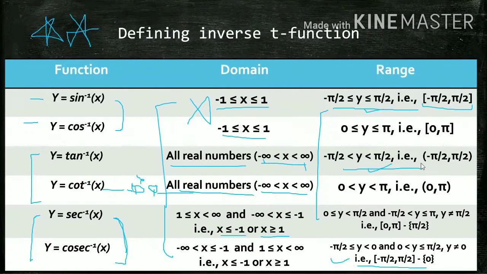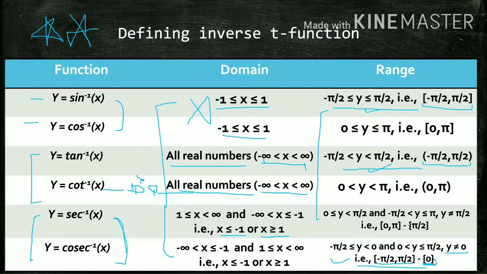In tan also, the range would be the same. Just the difference is you can't include the endpoints. Why? Because it is infinity at those points. For cosec, the range would be the same. Just you can't use the value 0. The whole closed interval is yours, excluding this 0 value. That means y cannot be 0.